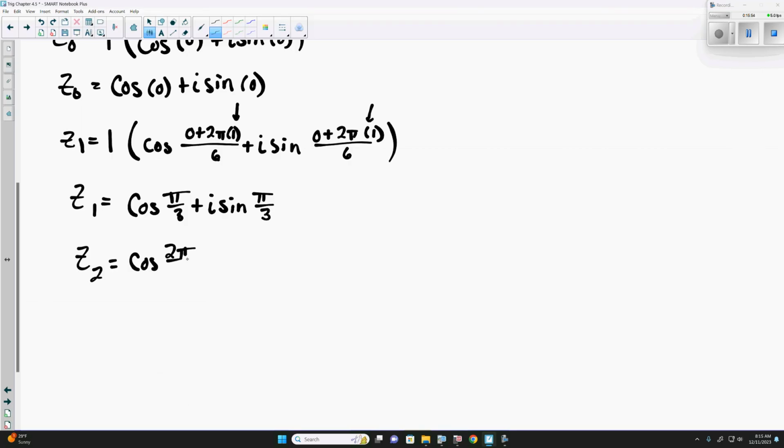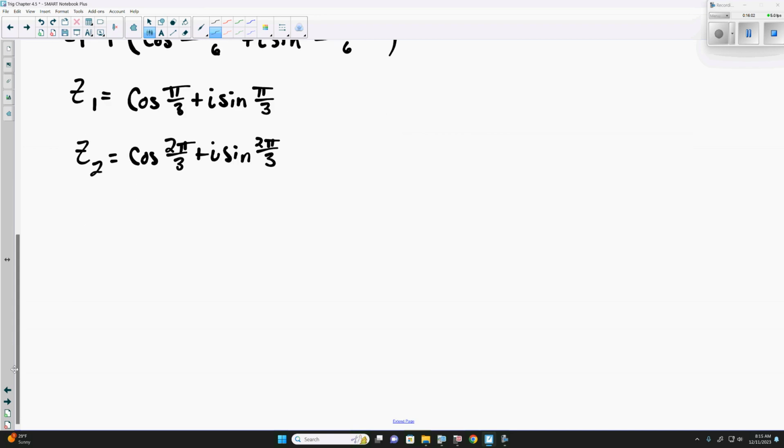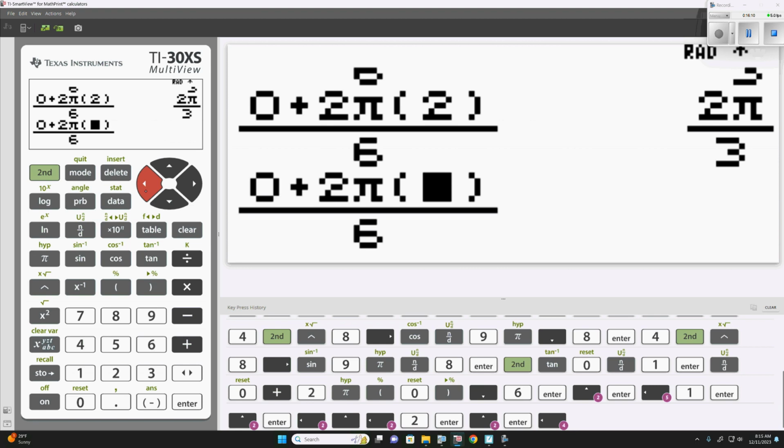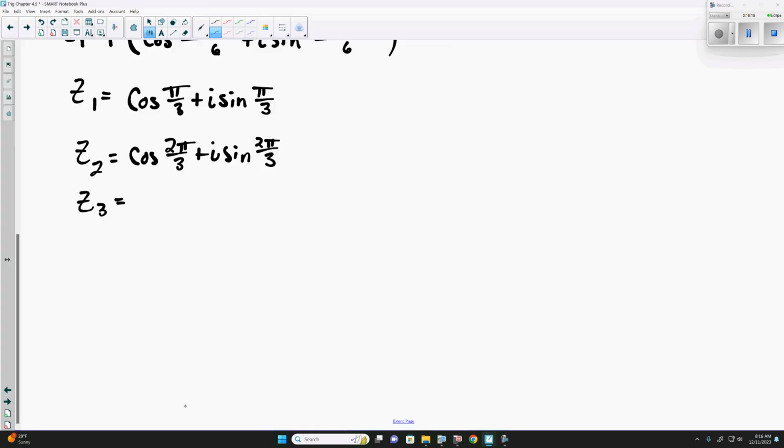So we'd have cosine of 2 pi over 3 plus I sine of 2 pi over 3. Z sub 3. We're back over here. Plug in 3, which gives us pi. So we'd have cosine of pi plus I sine of pi.